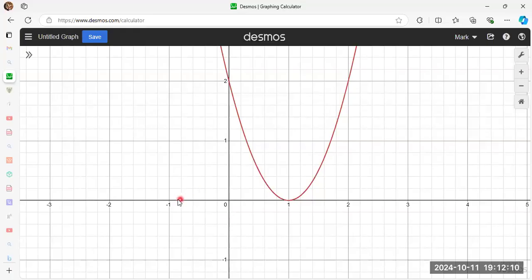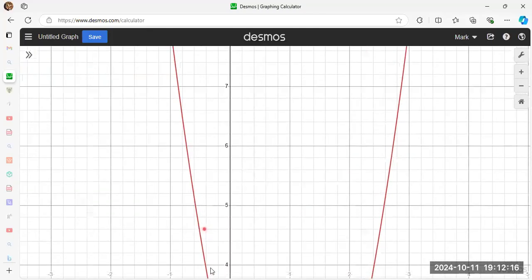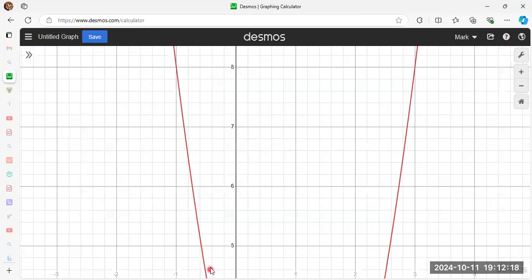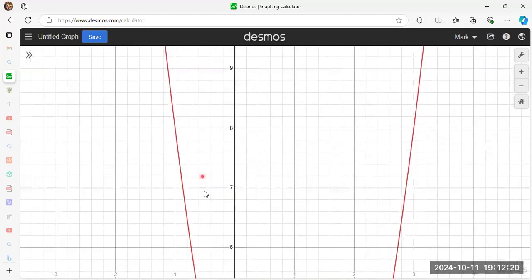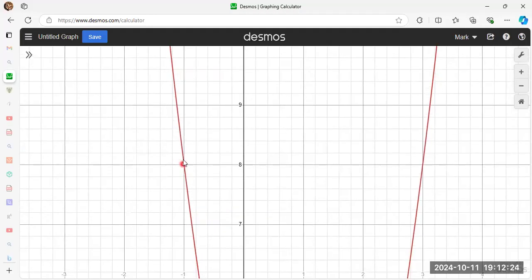Yes, sir. Right. You are required to sketch, not plot, these graphs. So I'll be sketching the area over this side.